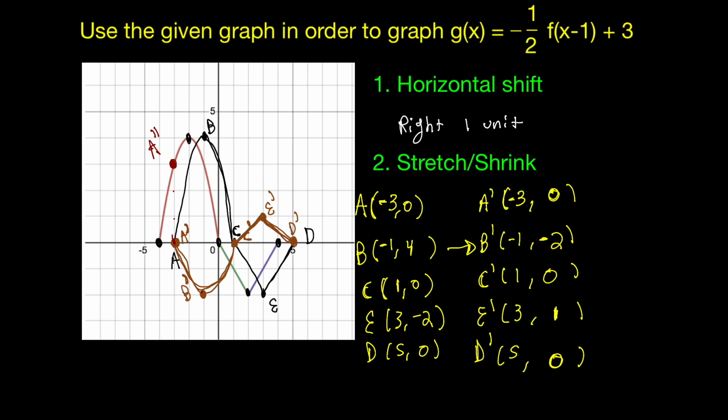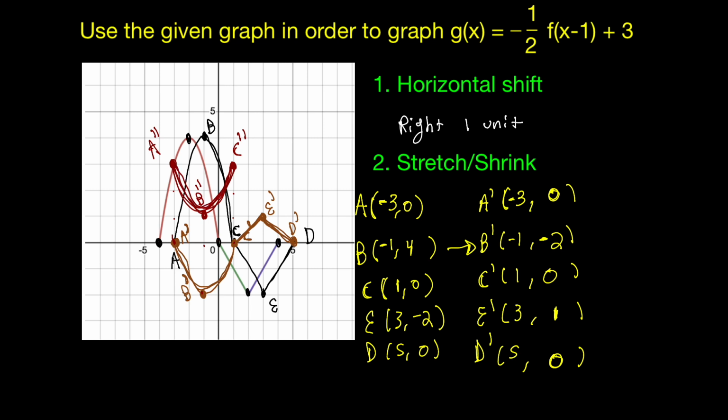B prime, if I go 3 units up, 1, 2, 3, I'm going to be right here. B double prime. At C, I'm going to go up 3 units, 1, 2, 3. C double prime, and again, this marks my parabolic figure, or my parabolic region.